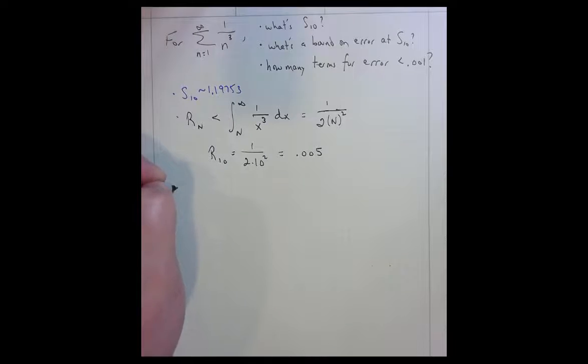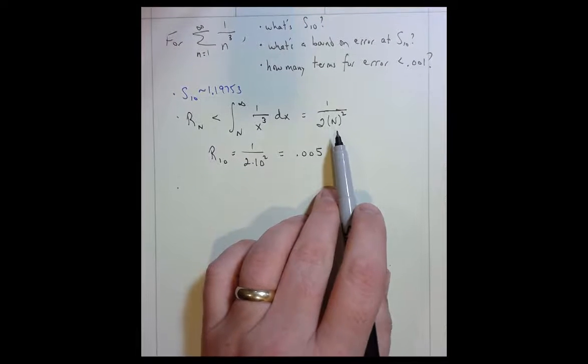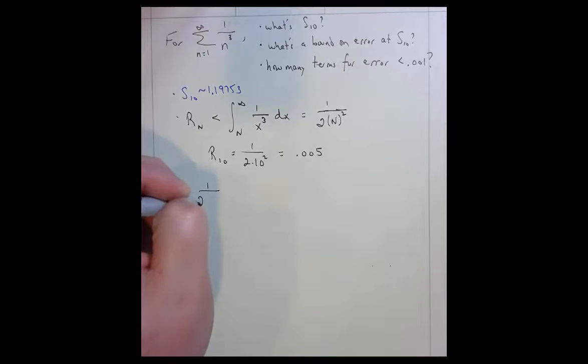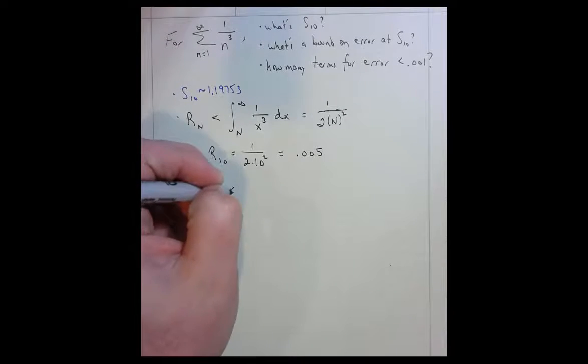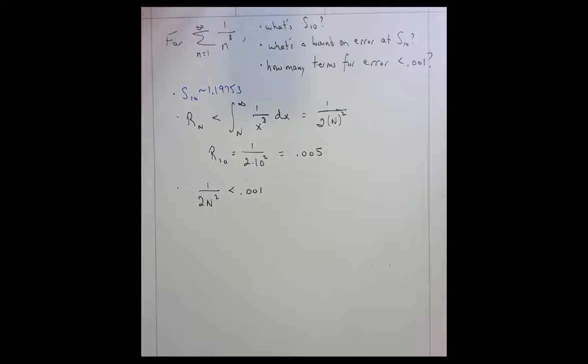The follow-up question here is, okay, fine, after 10 terms we are 0.005 away. How many terms do we have to go out if we want to be no more than 0.001 away? Well, we already have the recipe for the remainder after n terms, so why don't we just see what value of n it takes to make the remainder less than 0.001.